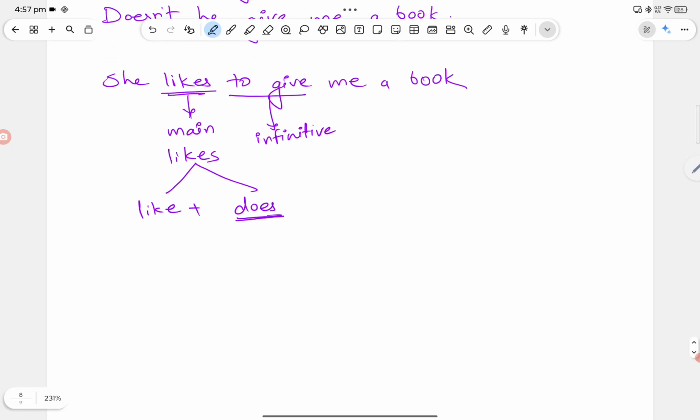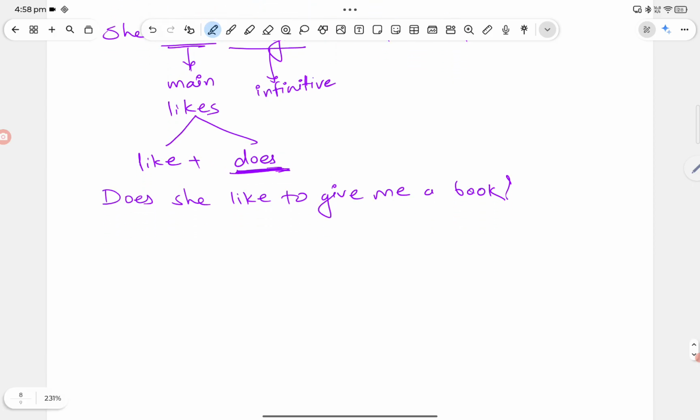So for framing the interrogative sentence, we have to use does. Does she like to give me a book? Question mark. Now negative: She doesn't like to give me a book.